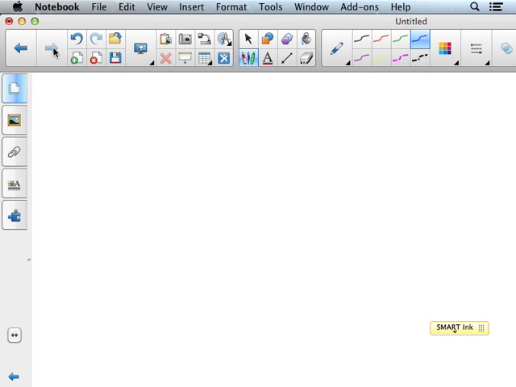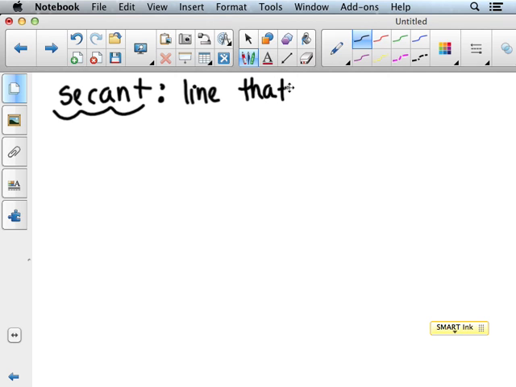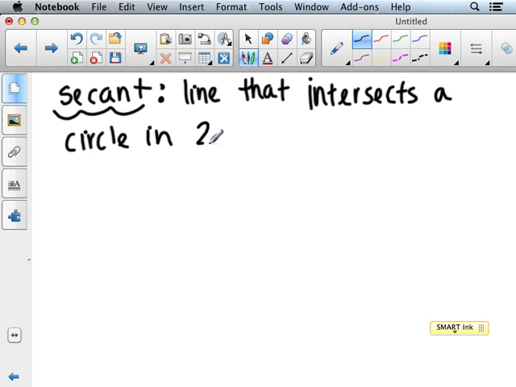A secant. A secant is very similar to a chord, except it doesn't have endpoints, so it's not a line segment, it's a line. So I'm going to say that a secant is a line that intersects a circle in 2 points.